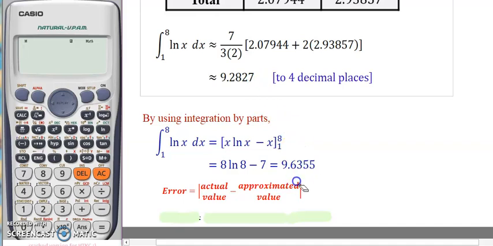You take the larger one minus the smaller one. The modulus is just how the formula is written in general. So we take the larger value, 9.6355, the exact value, minus the approximation value, 9.2827. Therefore, the error will be 0.3528. This is how we get the answer.